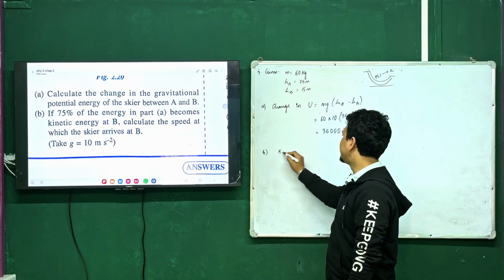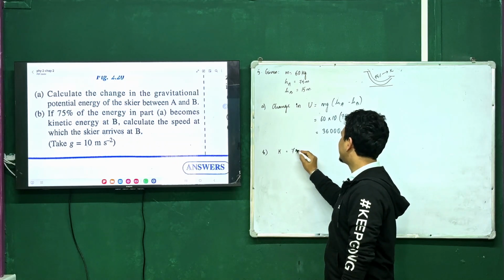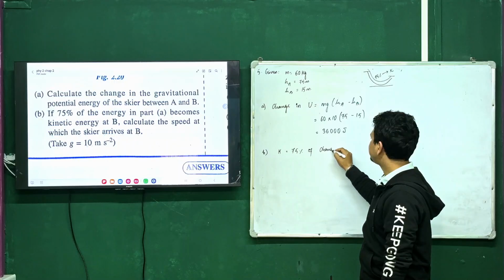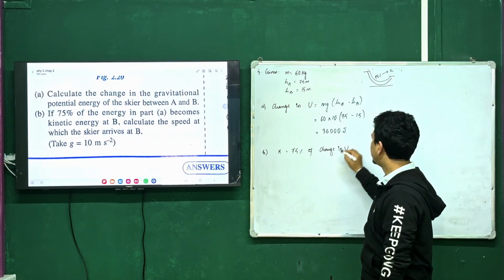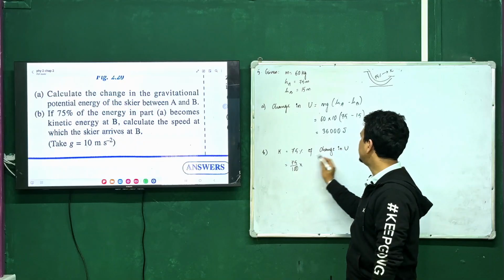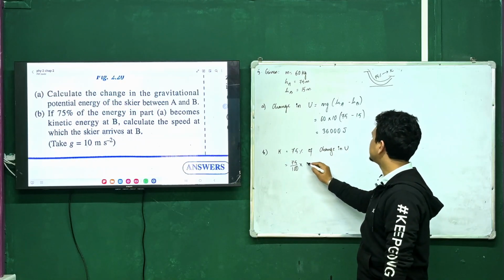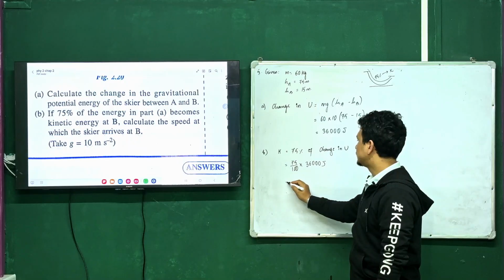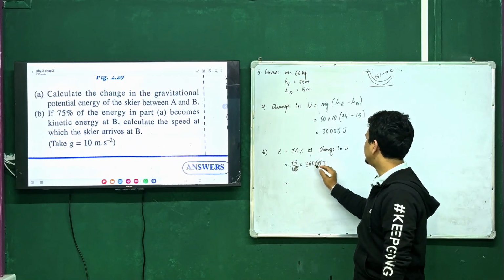Calculate the speed with which the sphere arrives at B. So what will be the kinetic energy? Kinetic energy will be 75% of the change in potential, right? So 75 by 100 into change in potential energy, which is 36000 joules. Then 1, 2, 1, 2.